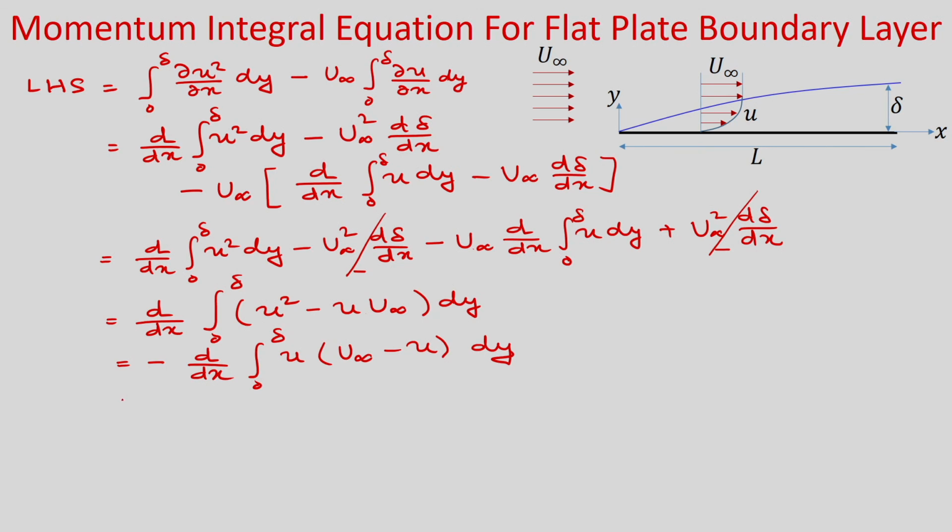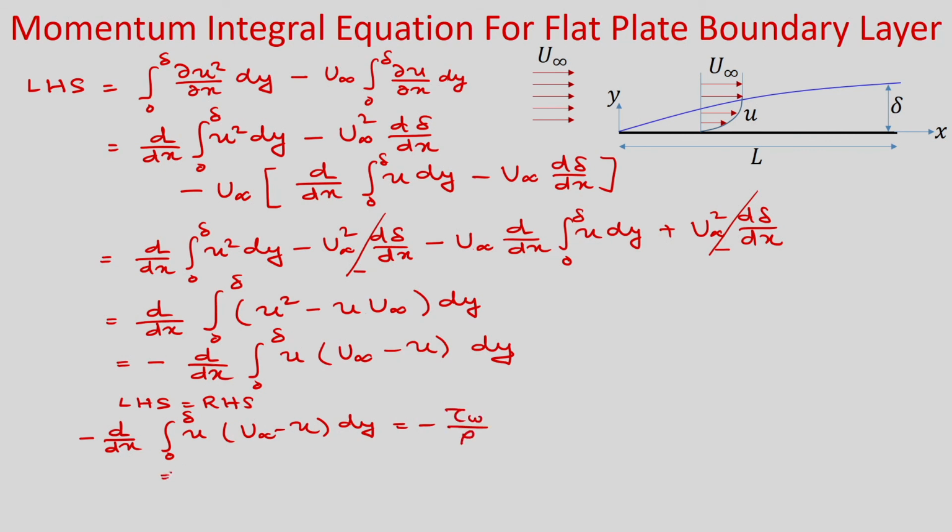So, finally, integrating this momentum equation, if we equate left hand side equal to right hand side, that means on the right hand side we have this third term. So, we can write minus d/dx of the integral from 0 to delta of u infinity minus u dy is equal to minus tau w by rho.